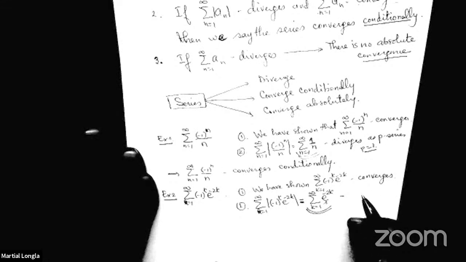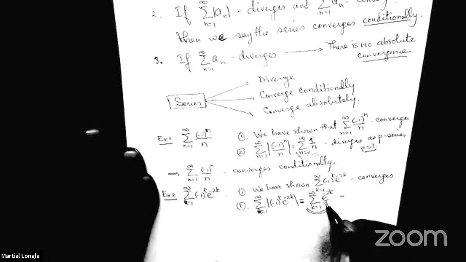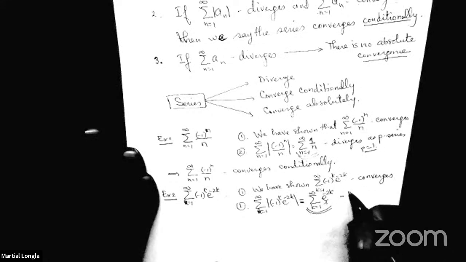Still together, Eric? Yeah, e to -2. When you remove k, that's e to -2. So r is e to -2, which is less than 1. That's why this is going to converge.